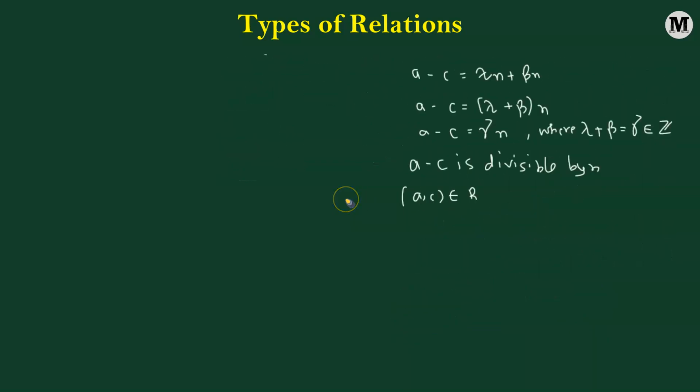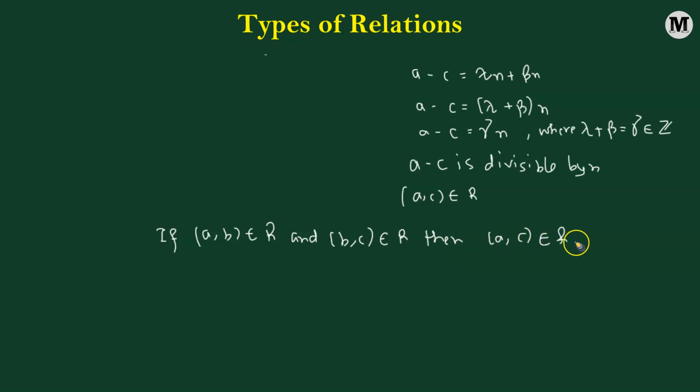So what we have done, we have shown here that if A comma B belongs to the relation R and B comma C belongs to the relation R, then A comma C also belongs to the relation R. And what does it tell us? This simply tells us that the relation R is transitive.